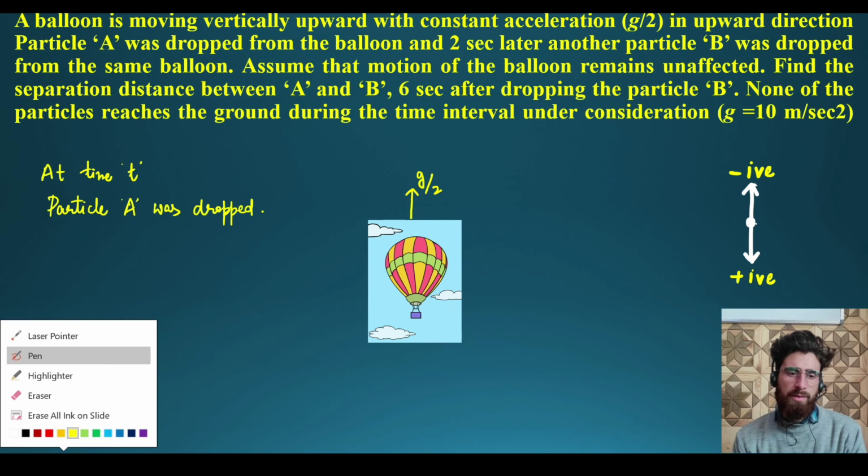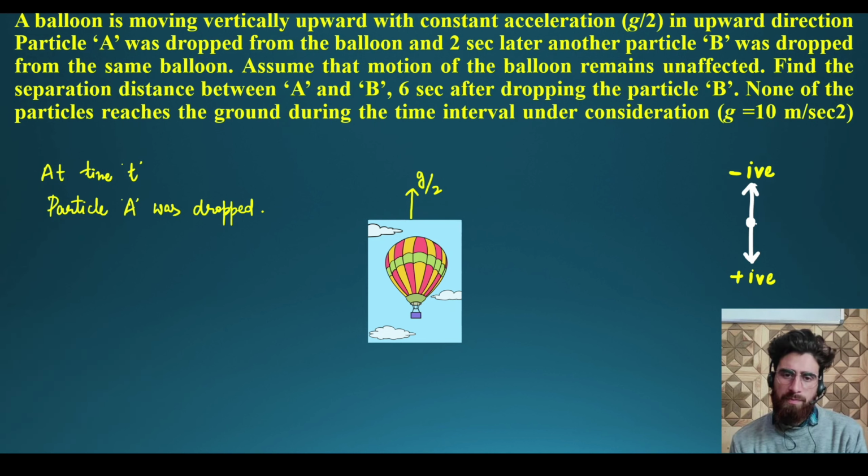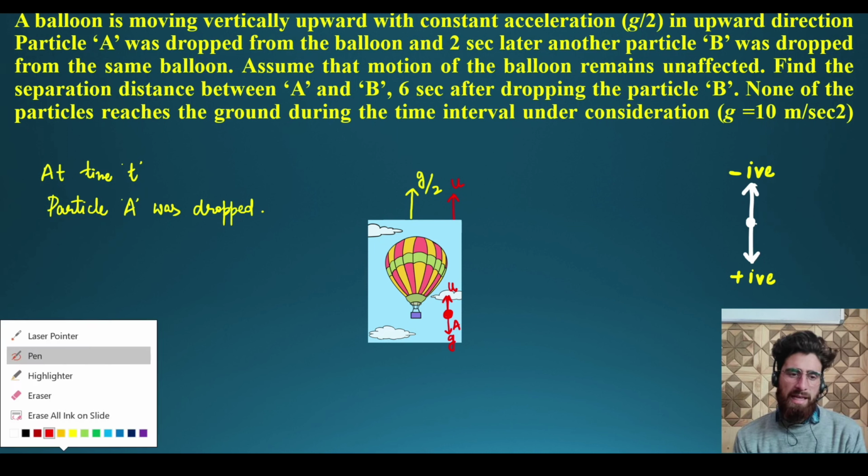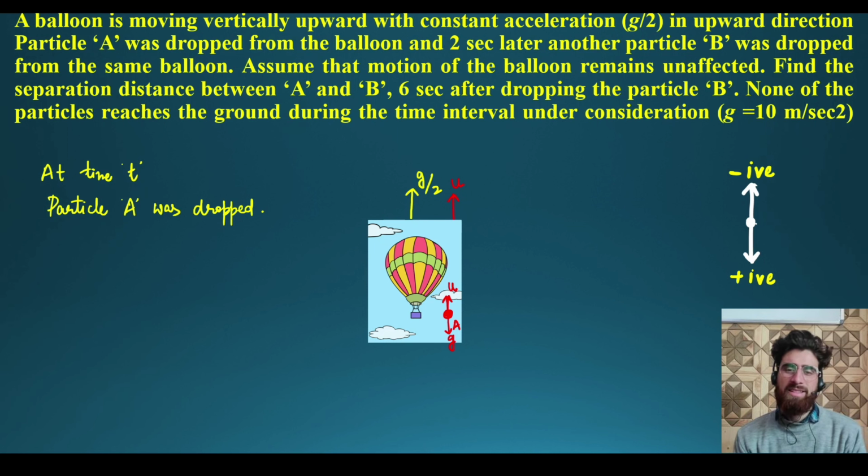So at time t, what's going to happen? There will be some upward velocity of the balloon. Let's keep that u. And when the particle A was dropped from the balloon, it will have the same velocity as that of the balloon. That's going to be u, and it's going to fall under the acceleration due to gravity. Okay, this is the thing that's going to happen at time equals to t.